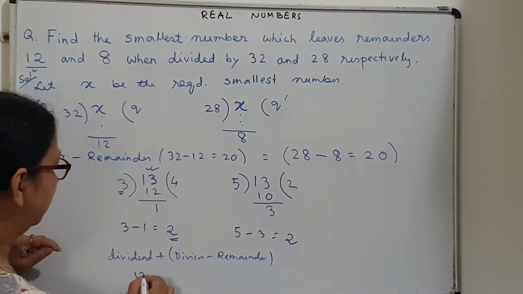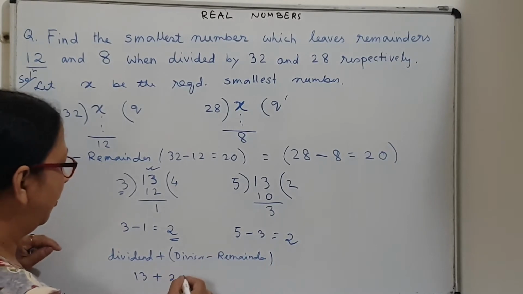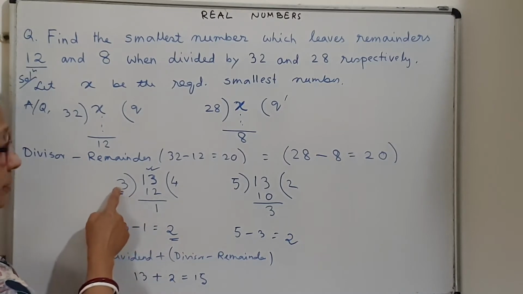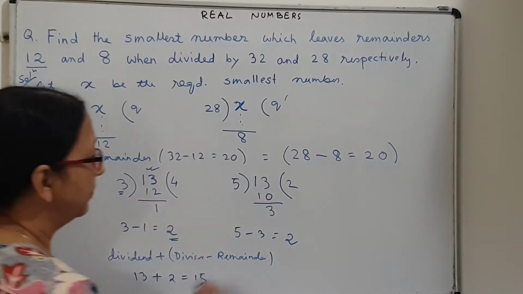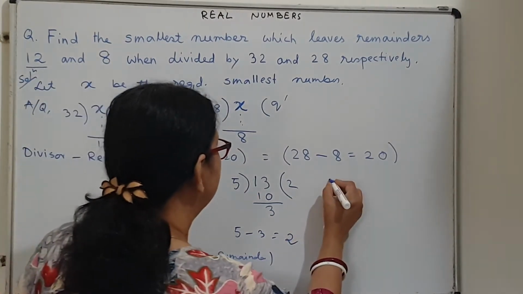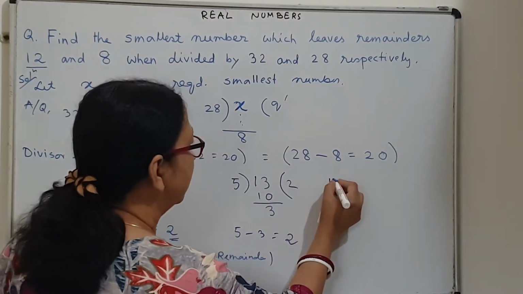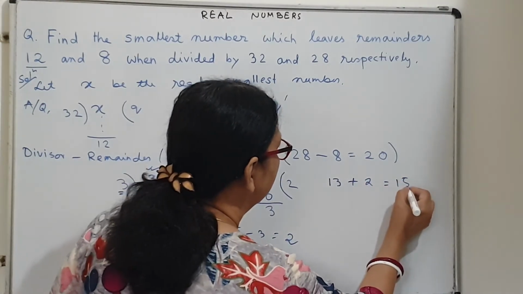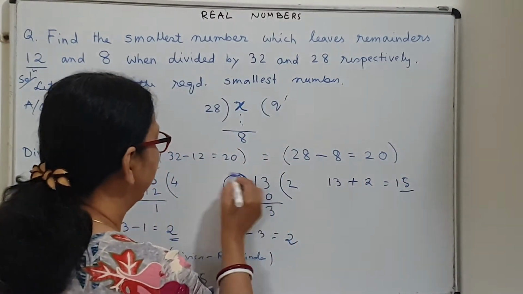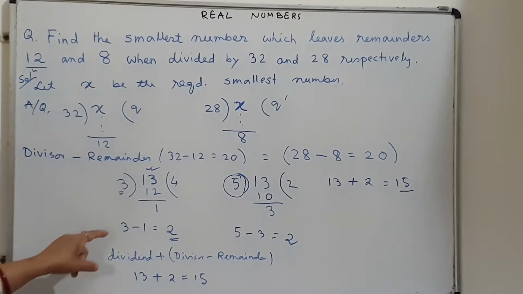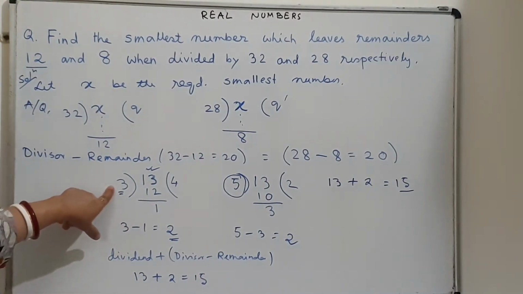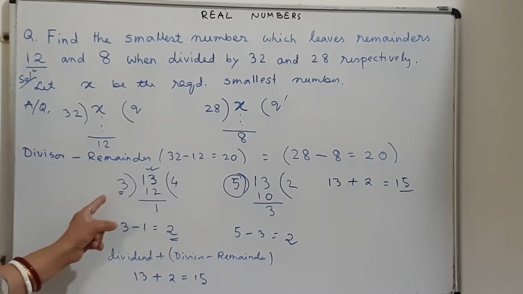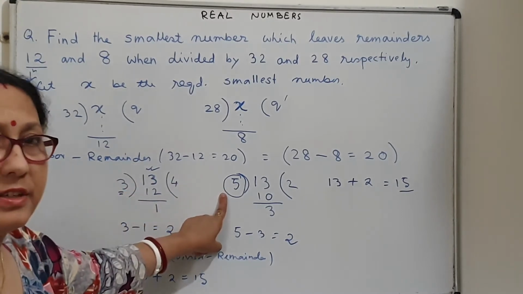Dividend is 13 and this difference is 2, 15. This 15 is now a multiple of 3. Similarly in this case also, 13 plus the difference 2 is 15, and this 15 is also a multiple of 5. So in both cases, if I add the constant difference of the divisor and remainder to the dividend, we get multiples of the divisors.